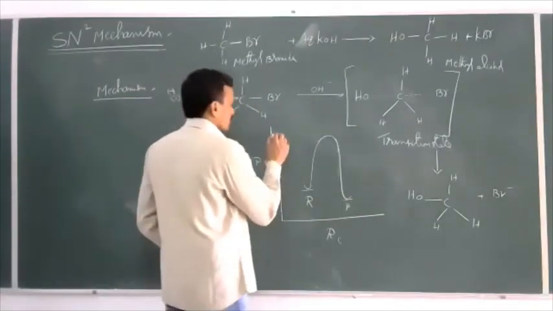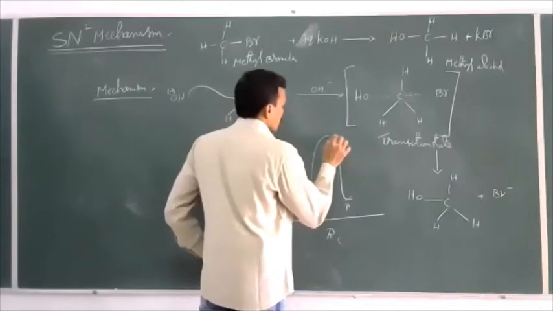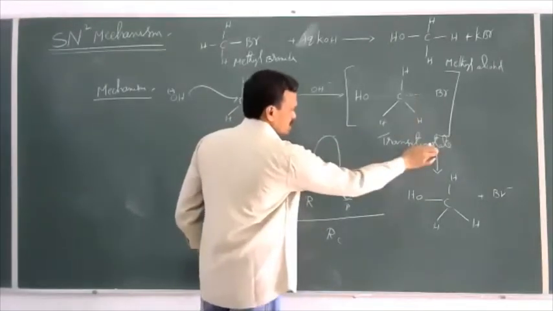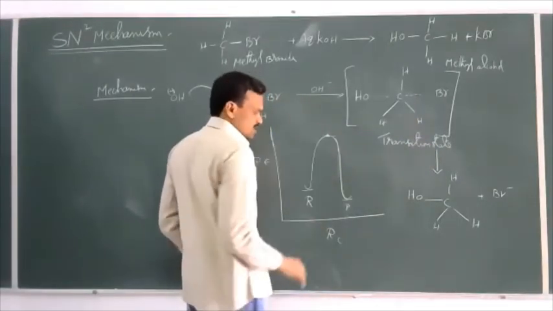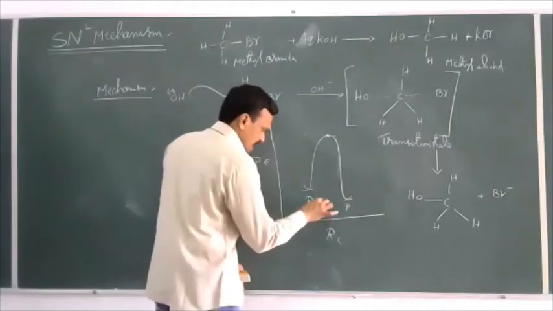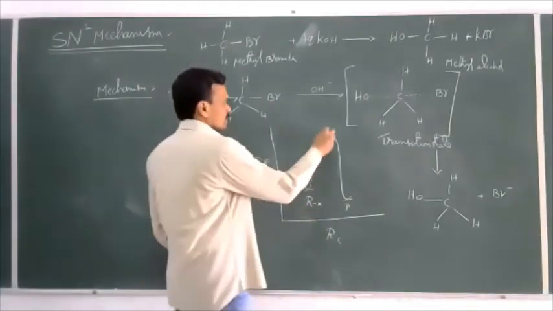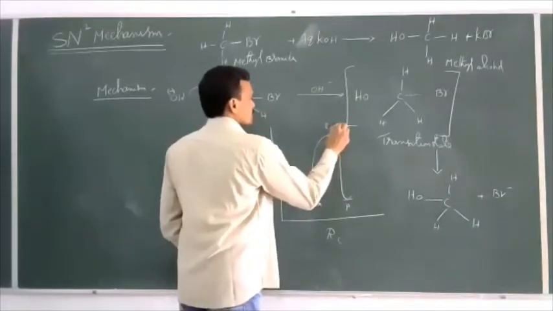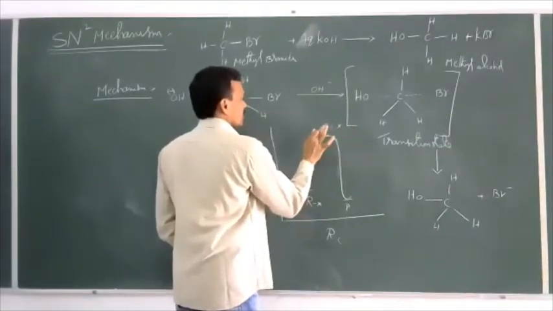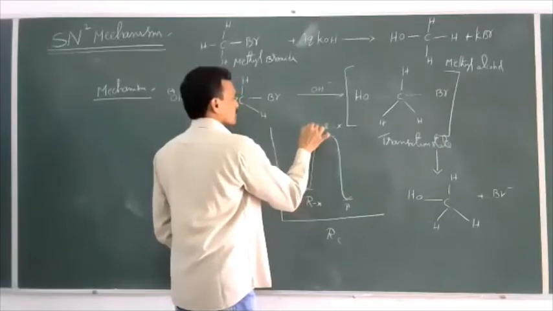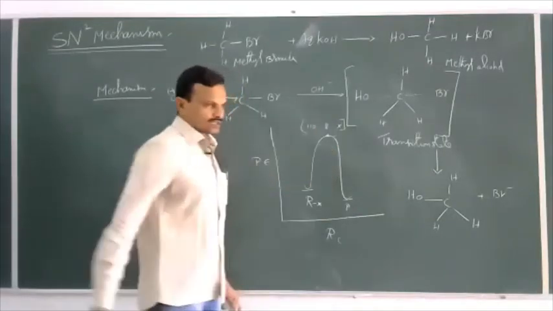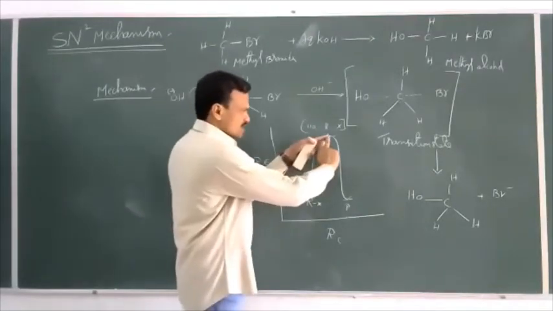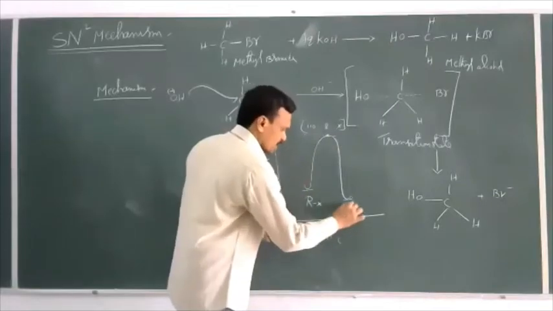Meanwhile, this is formed: the transition state. Here the transition state is formed, with R-X having a partial bond and O. This is the transition state, and then this transition state decomposes to give the product ROH.